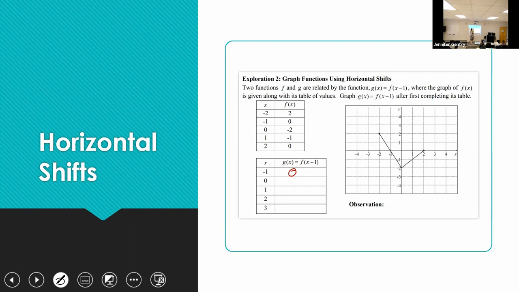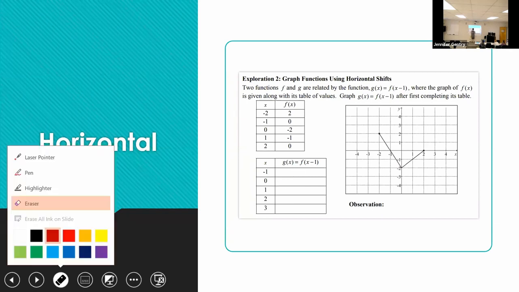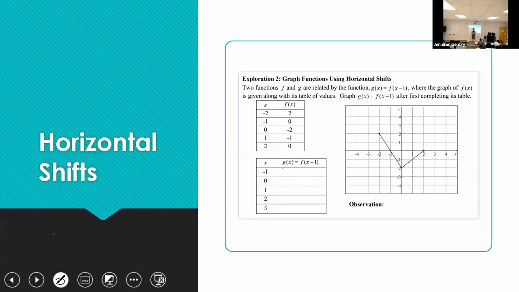What did I do here? Oh, I know what I did. Sorry. Hold on. My x is minus 1. What is 1 minus 1? 0. So I want f of 0, which in the original is minus 2. What about here? What is 0 minus 1? Negative 1.